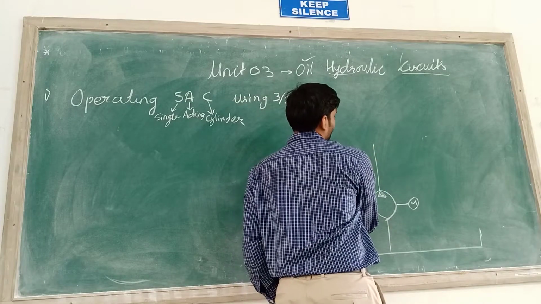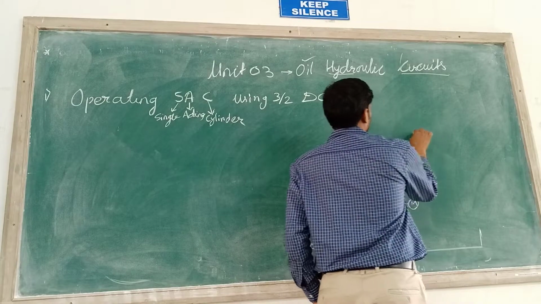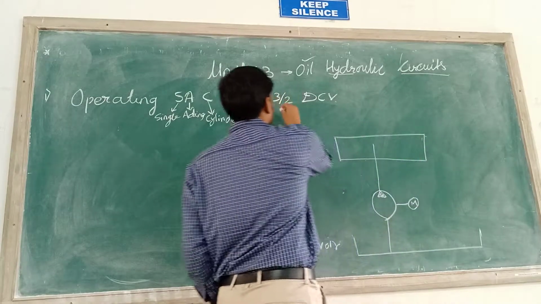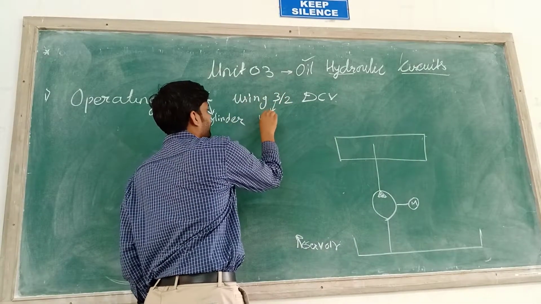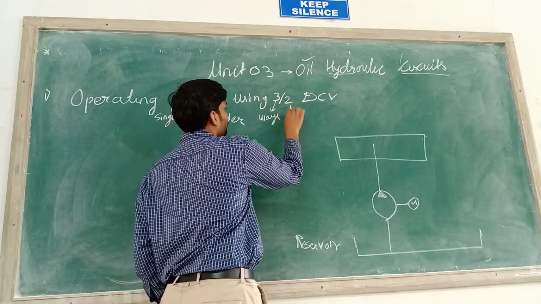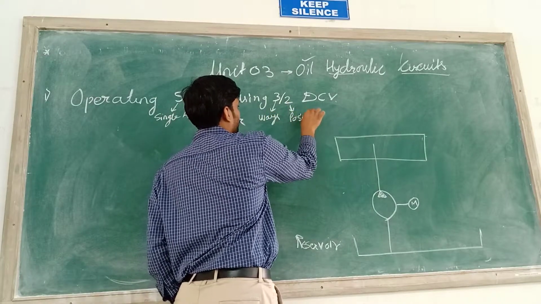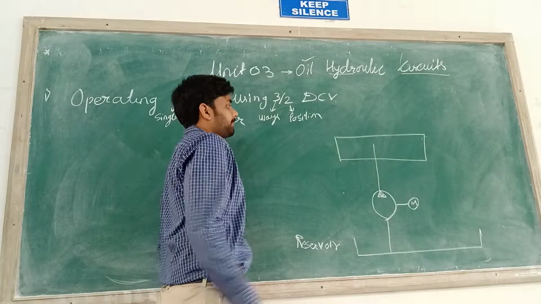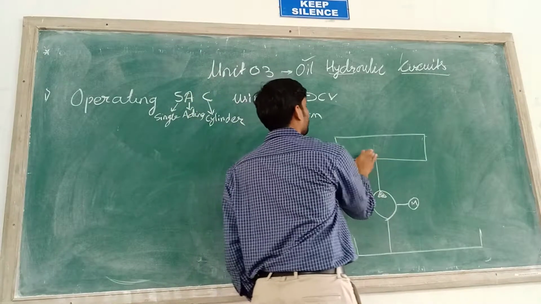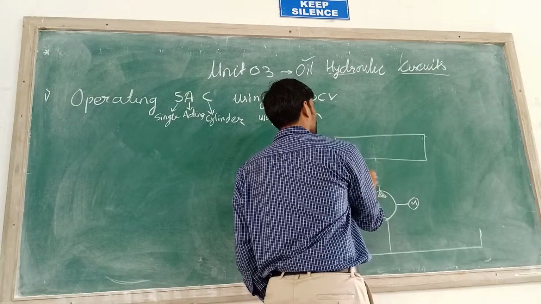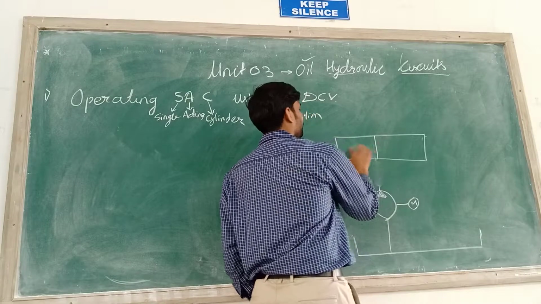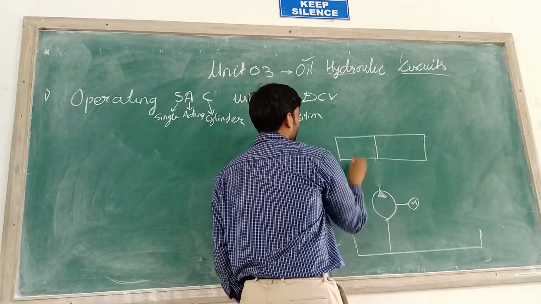3 by 2 means it has 3 ways, 3 for 3 ways and 2 for 2 positions. So this valve has these 2 positions: this is position 1 and this is position 2.